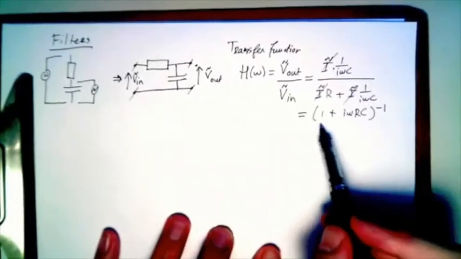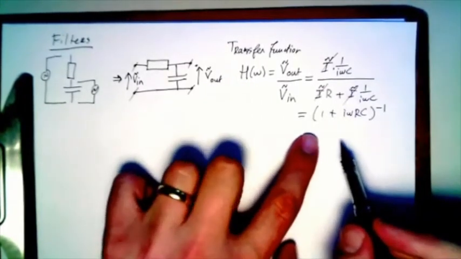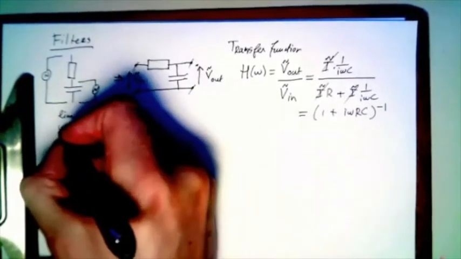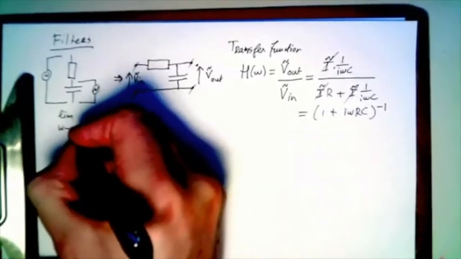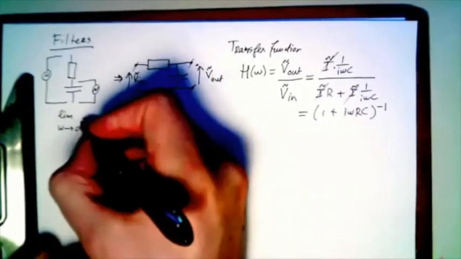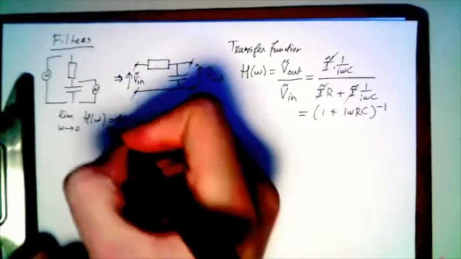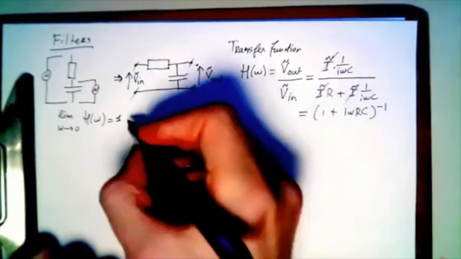And this is a low-pass filter because when we take the limit of omega to 0 of H, it is 1, right? Stick 0 in here, you get 1.